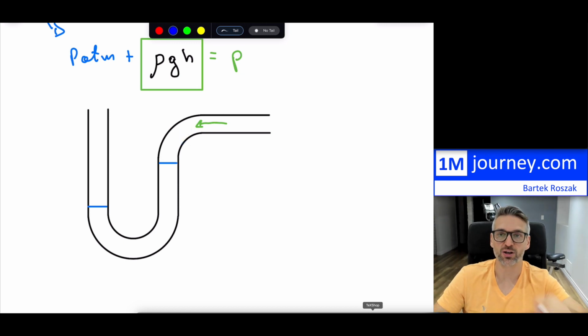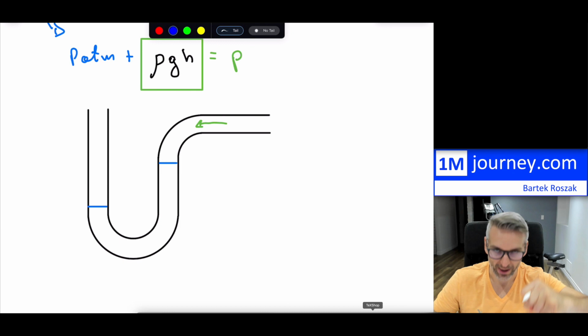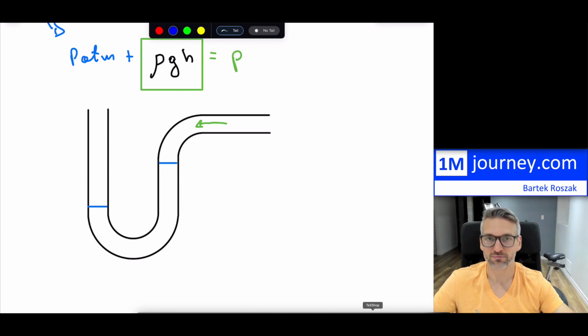You can think of suction cups or something like this, where you want to pull something up and you want to know what that pressure is. The negative just means that the pressure is going to be less than the atmospheric pressure, which is pushing it down. And now how would you actually compute it?